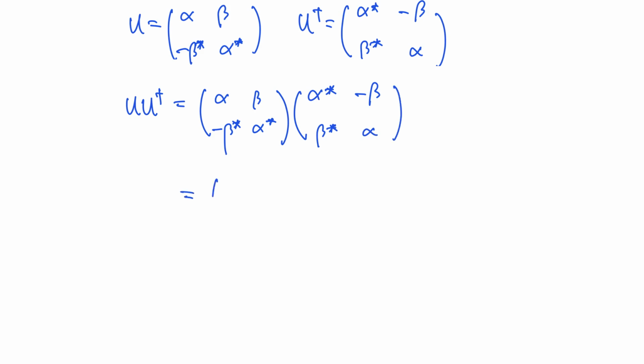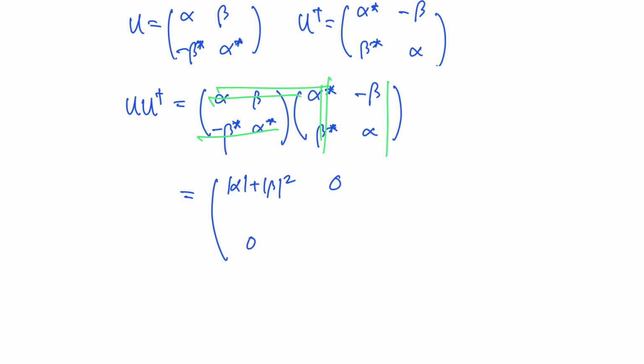If we change the order and multiply this together, we get alpha square plus beta square. The second element: minus alpha beta plus alpha beta is equal to 0. Here, the off-diagonal is again 0.